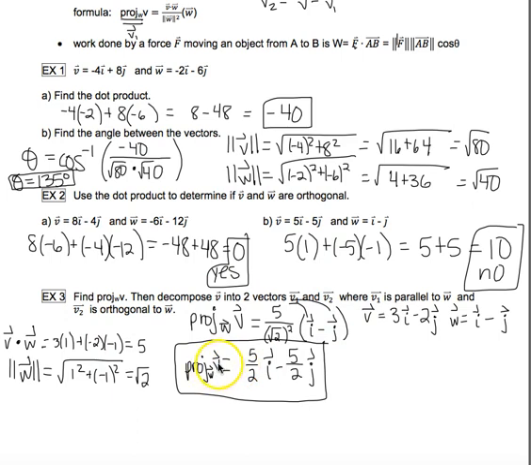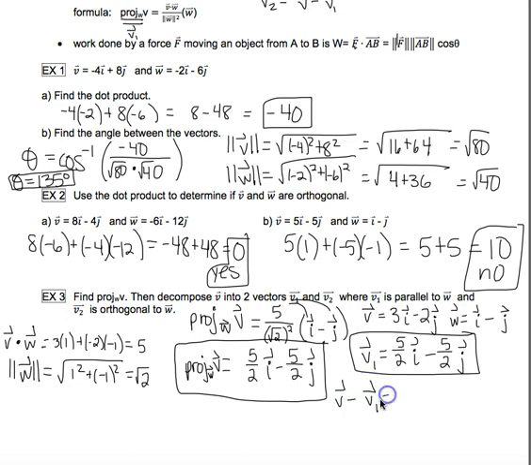So remember that vector v1 is the same as the projection, so don't think you need to do extra work for that. You really just need to copy down what we already had written for that. Then I need to find vector v sub 2, and that's going to be vector v minus vector v sub 1.